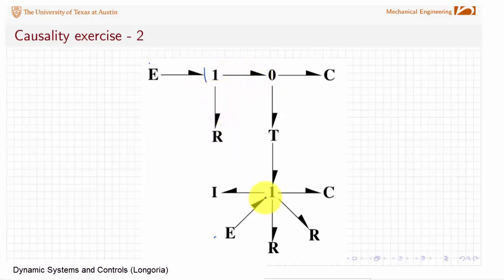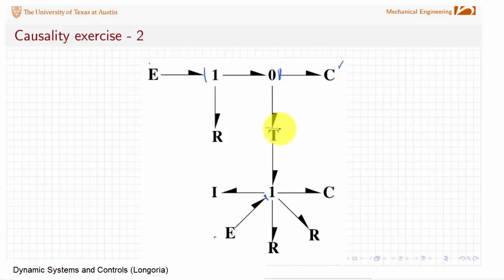So we need to come to our other source element. Again, an effort on a one junction, no constraint on any of these other bonds. So now we need to look for energy storage elements. I'm compelled to come to this guy up here, and now applying a 0 here, this is now integral.